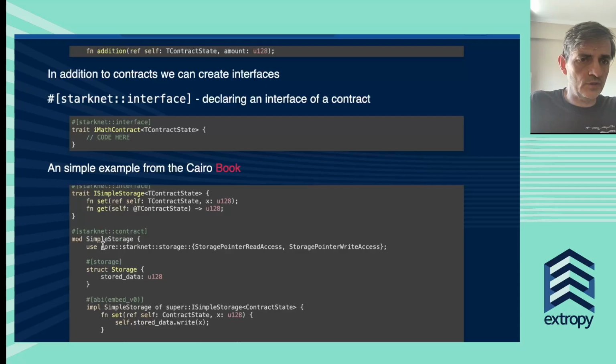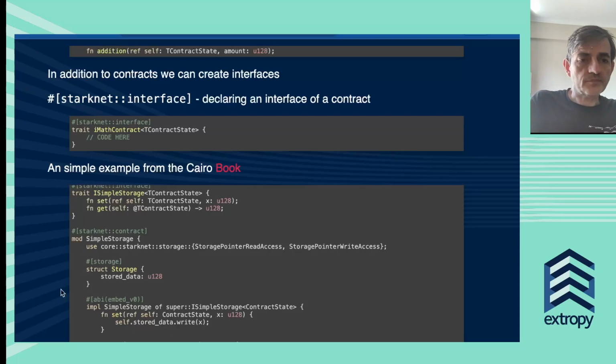So we've got the use keyword here for that. And then we define the storage for our contract. So within the struct, we're going to define all the fields that we are going to have in storage. So in this case, we've just got one field called stored data. And then we have the storage attribute on that struct to show that is where we're declaring storage.